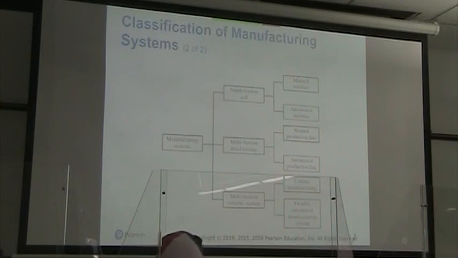All right, so our classification of manufacturing systems, as you can see here, we start with the idea of manufacturing systems as a whole. That splits into single station cells, multi-station with fixed routing, and multi-station with variable routing.